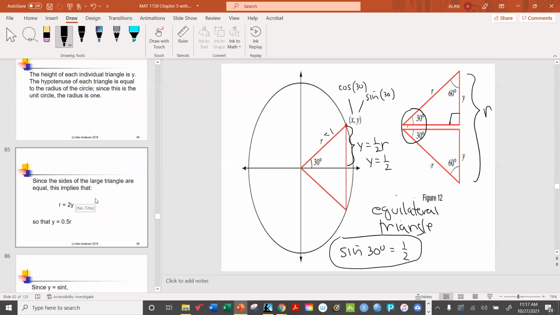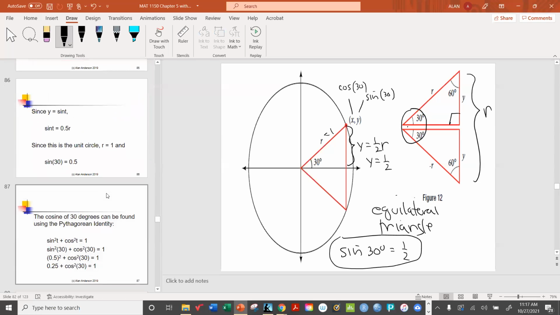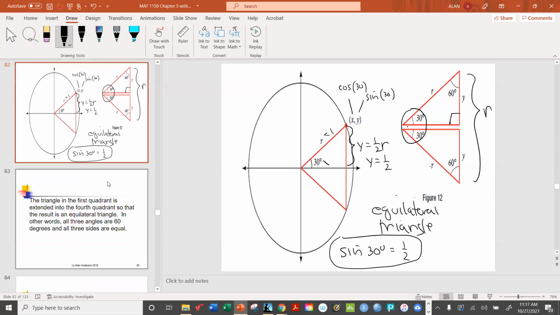What about the cosine, though? Well, for that, we can use the Pythagorean theorem. So let's just call this x. So we know that r squared plus x squared equals y squared within this top triangle.